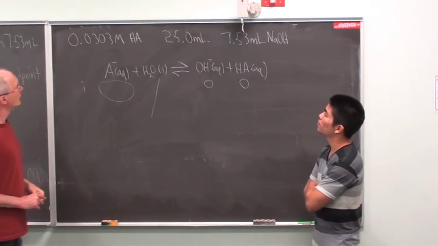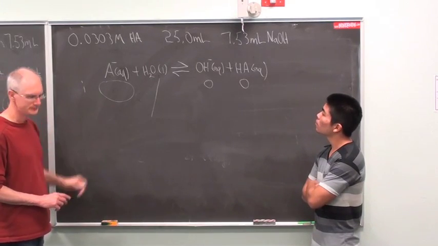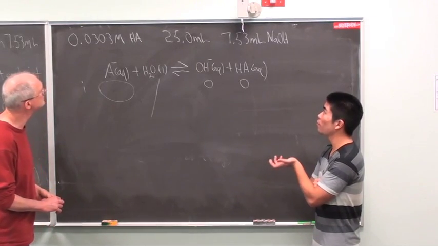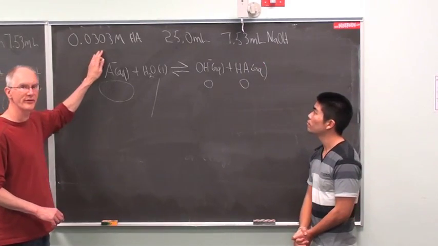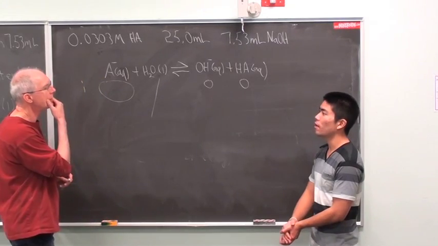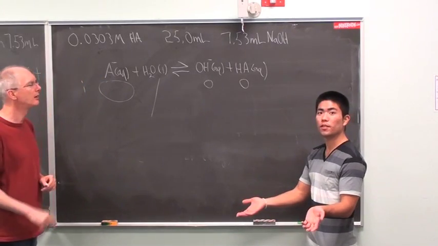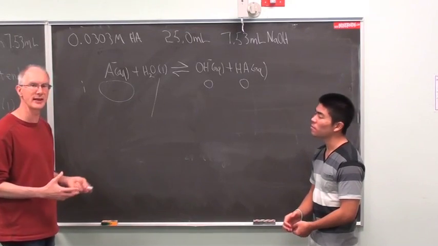So how do we figure out the concentration of this stuff? Well, we use the number of moles in the new volume. We can use M1V1 equals M2V2, i.e. treat this as a dilution problem.